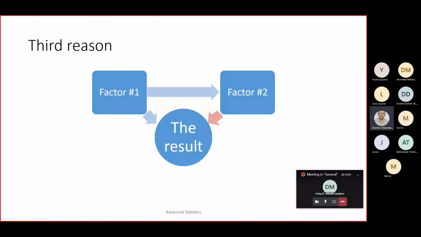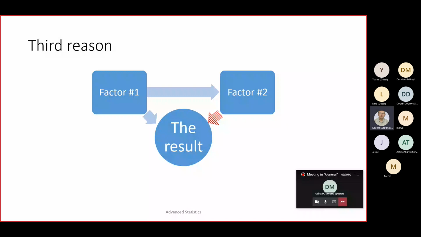It is possible to obtain a relation here, but this relation is false. If we conclude that there is a relation between factor 2 and the result, this conclusion will be wrong.